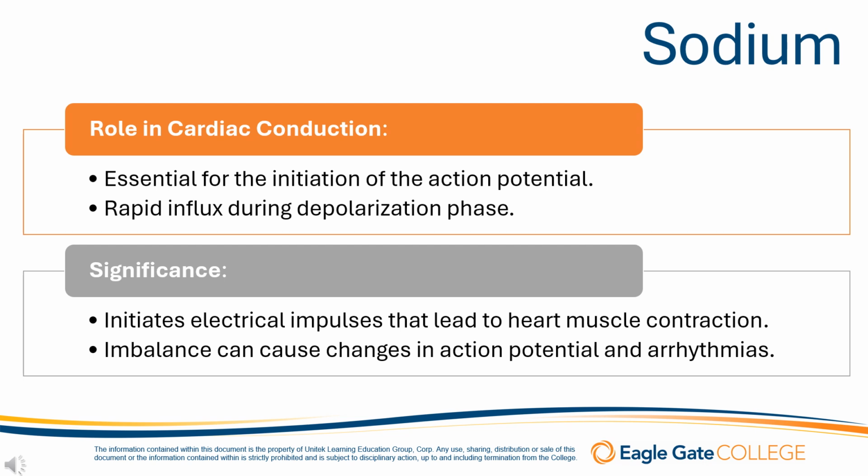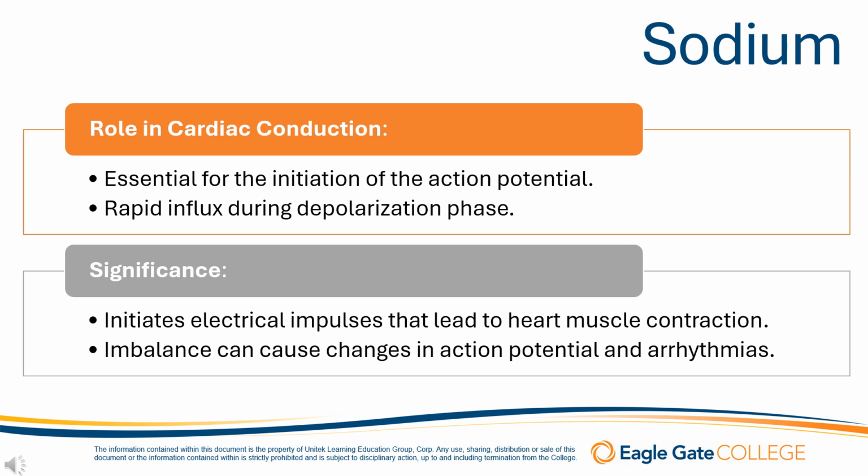This influx of positively charged sodium ions causes the inside of the cell to become less negative, leading to the rapid rise in the action potential. This rapid depolarization is what generates the electrical impulse that spreads through the heart, triggering contraction. The influx of sodium during depolarization is crucial because it sets off the chain reaction that results in the heart muscle contracting.